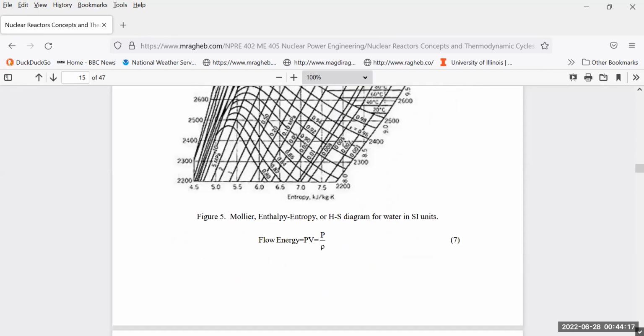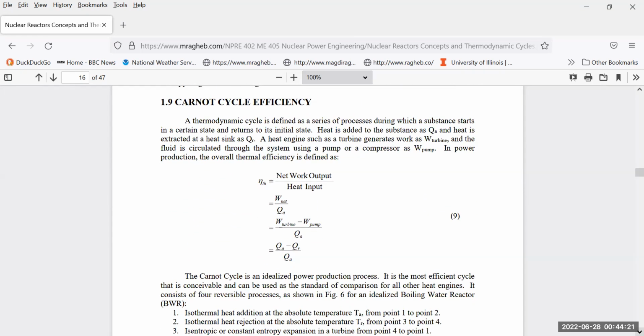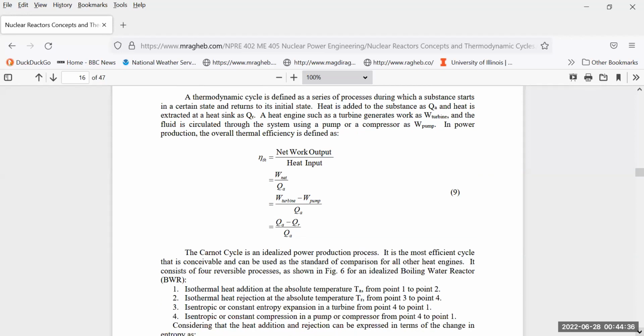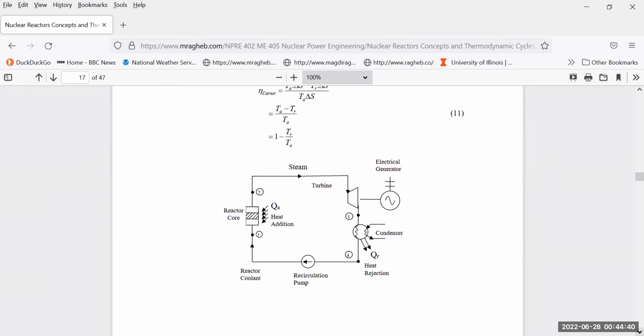In the design of thermal systems, we like to use the Carnot cycle efficiency, which is defined as the net work output divided by the heat input. As a reminder, you have seen that before. That's the heat addition minus the heat rejection divided by the heat addition. And that describes for us the pressurized water reactor.